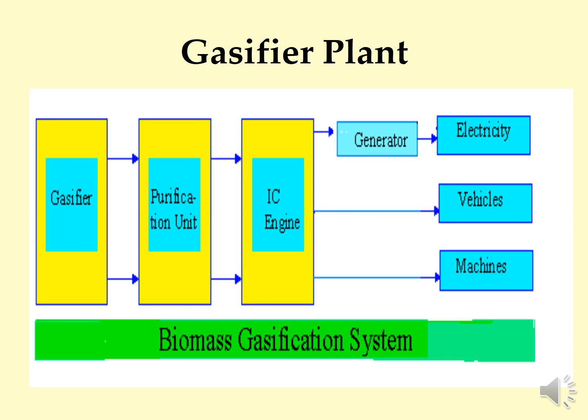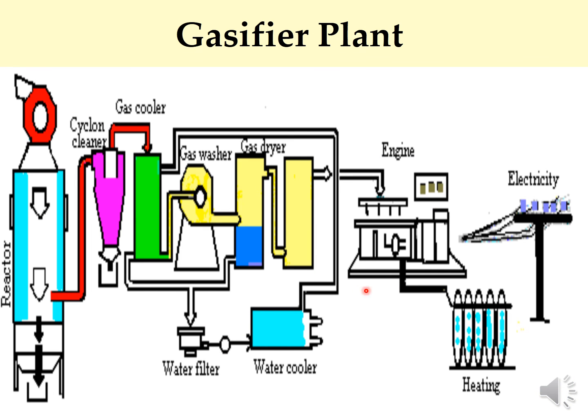So this is the application of the gasifier plant. Actually this is shown here: reactor, cyclone cleaner, gas cooler, gas washer, gas dryer, and then it is supplied to the engine. The engine may be used for heating, or it can generate electricity. So this is the application of the gasifier plant.